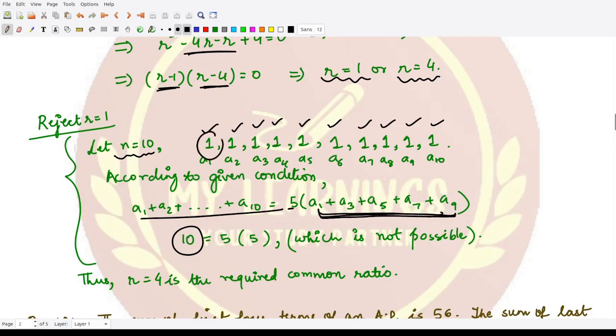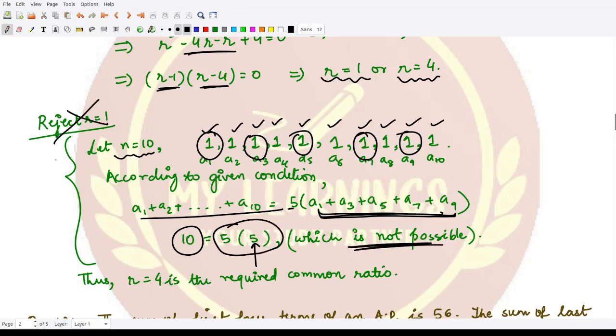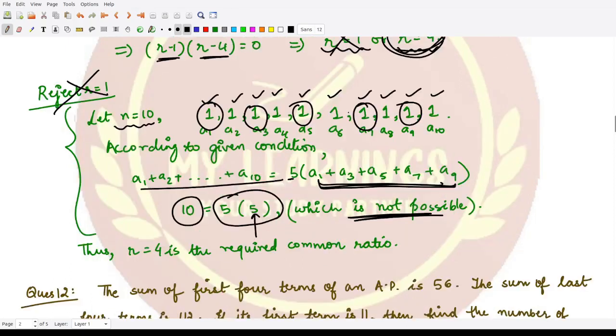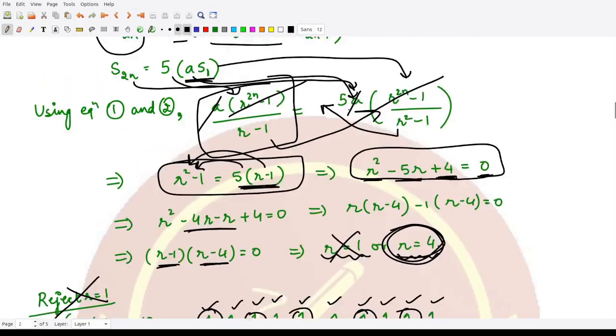So for the odd positions, we would take the ones present at positions 1, 3, 5, 7 and 9, which comes out to be equal to 5. So clearly you see this 10 is not equal to 25. So this is not possible. Hence the r is equal to 1 case is rejected. Hence we are only left with r is equal to 4. Hence r is equal to 4 is the required common ratio which we wanted to calculate here.